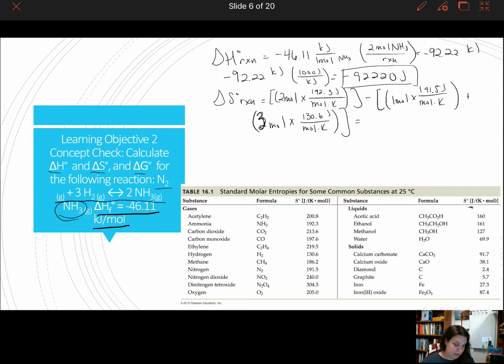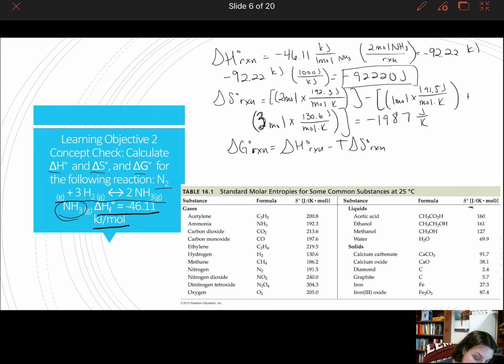And when we do that, we get a value of negative 198.7 joules per Kelvin. And then we're going to put this into our delta G equation. Delta G naught of our reaction is equal to delta H naught reaction minus T delta S naught reaction.